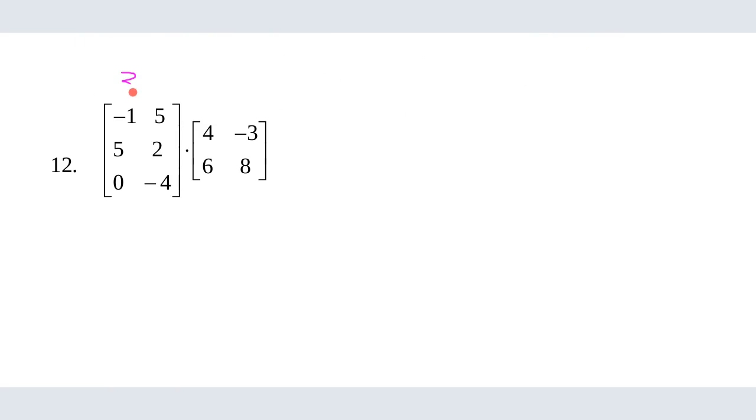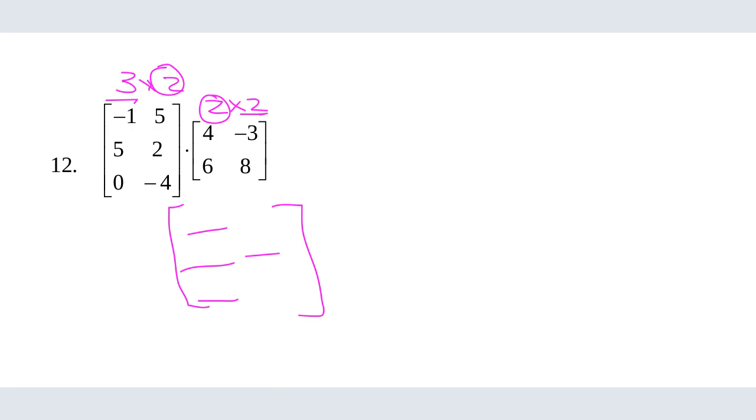So this is a 3 by 2. This is a 2 by 2. So there's 3 rows and 2 columns in our answer. So 1, 2, 3 rows, 2 columns, 6 elements, same process. Negative 4 plus 30 is 26.